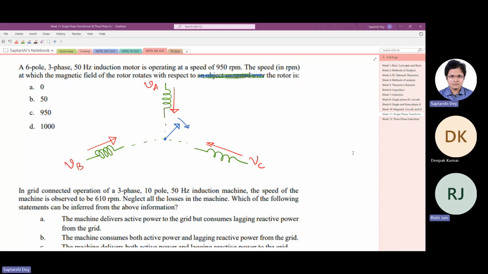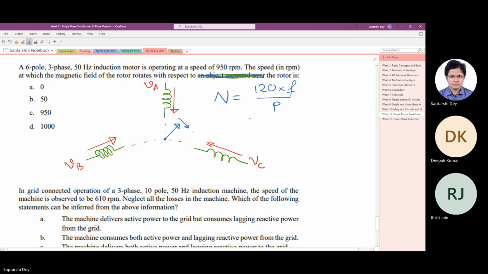You do not need any control, you do not need any converter, you need nothing. All you need is three coils arranged spatially in 120-degree fashion. You supply them with a three-phase AC source, you get a rotating magnetic field, and the magnetic field rotates at a speed of 120 f by p.